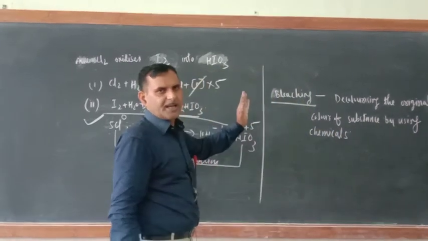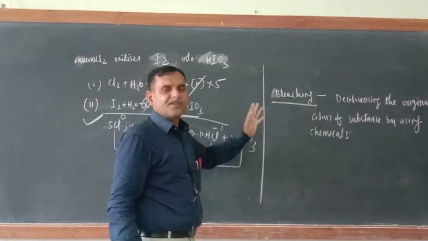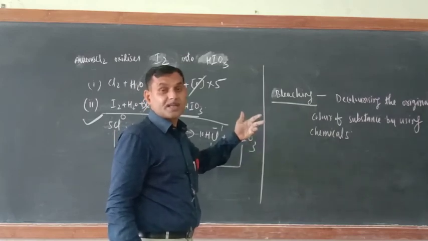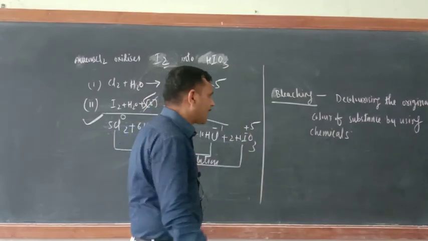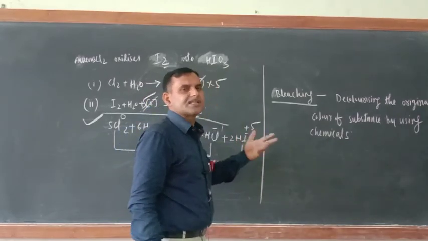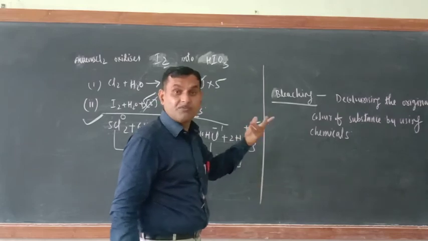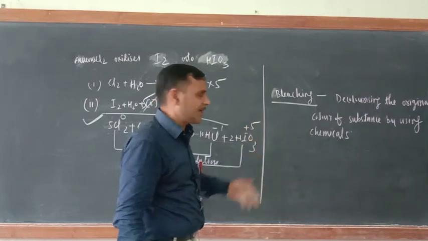So bleaching is the name of the process by which the original color of the substance is decolorized. And what is a bleaching agent? Chemicals which are doing the bleaching work are known as bleaching agents.